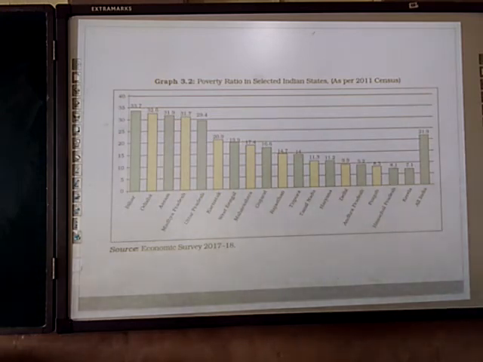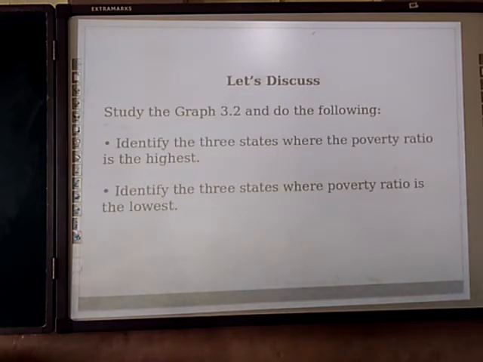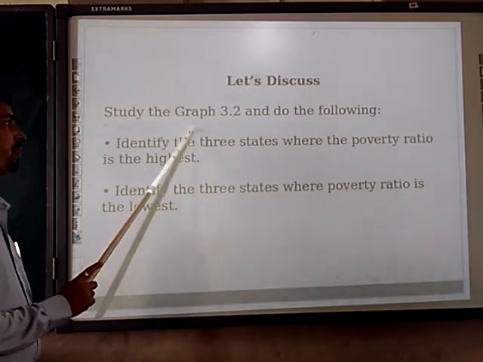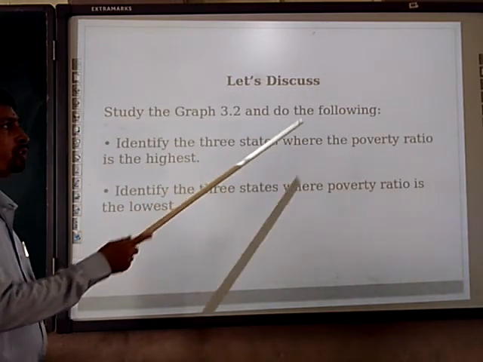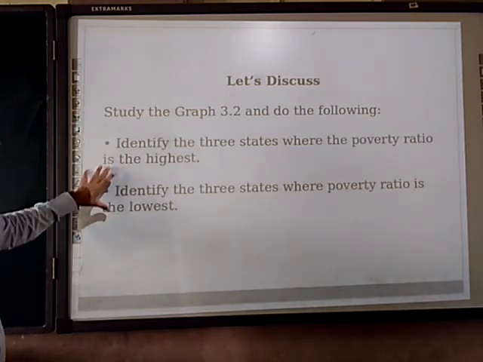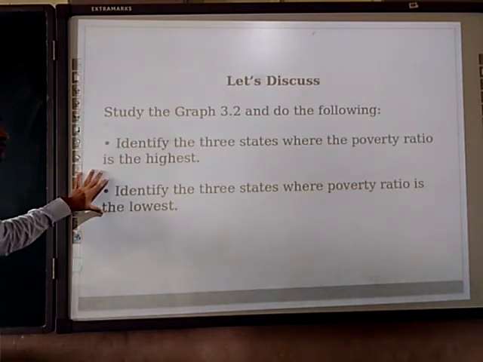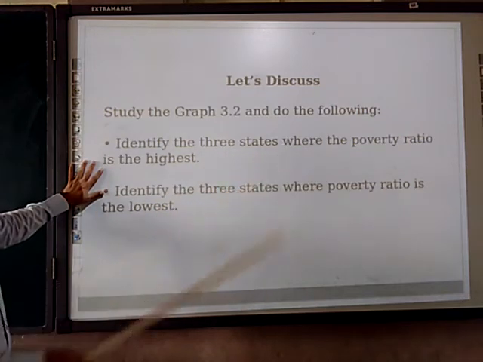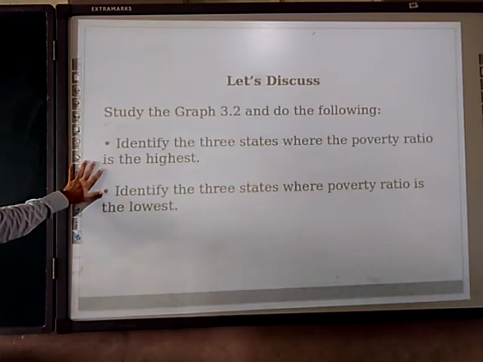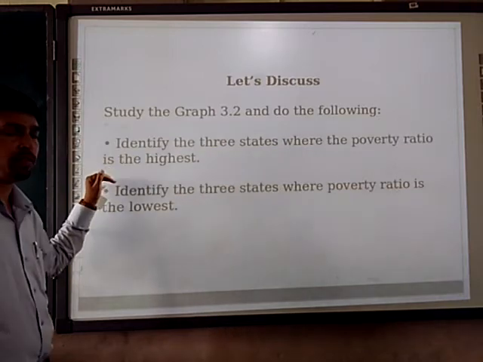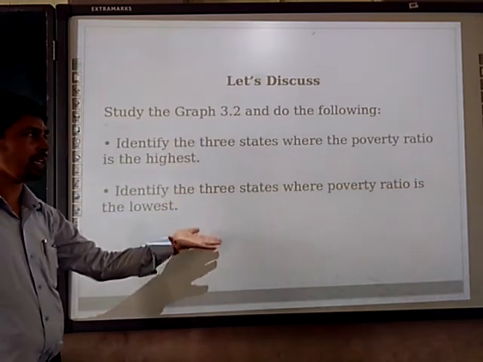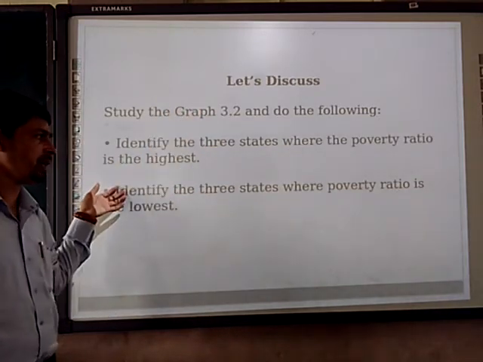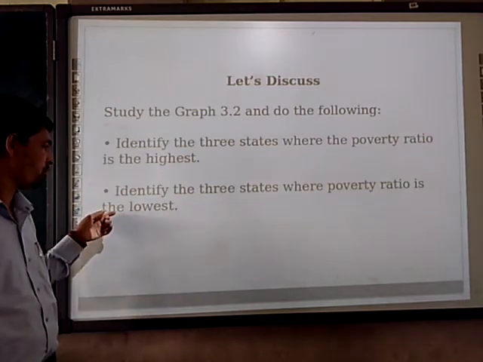On the basis of that we want to discuss a few questions. Let's discuss graph 3.2 and do the following questions. Question number 1 and question number 2 you have to do on your own, I am just explaining. Identify the three states with the highest poverty ratio, and identify the three states with the lowest poverty ratio.